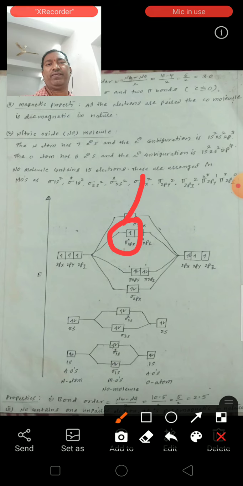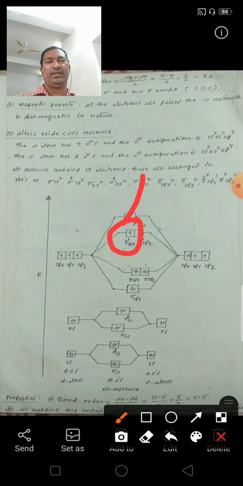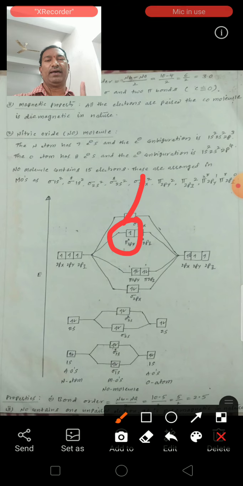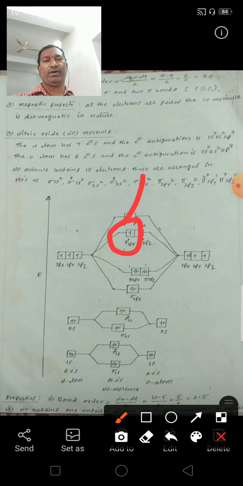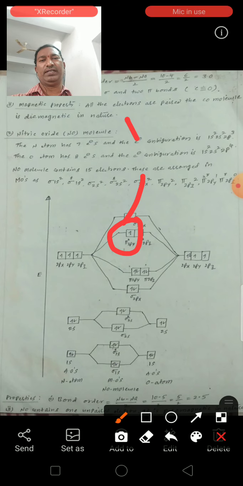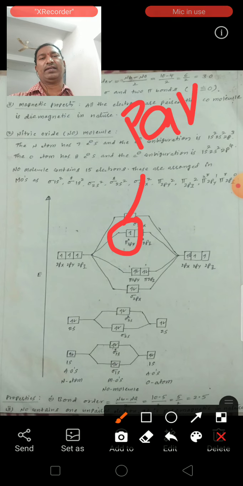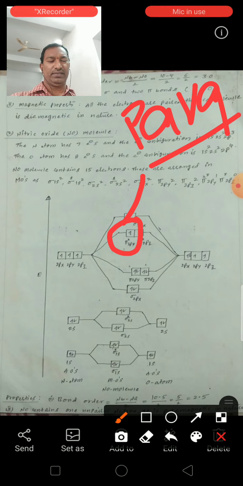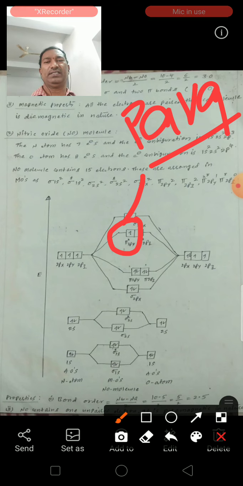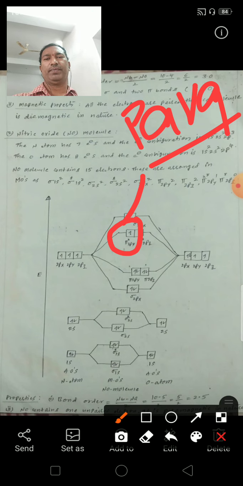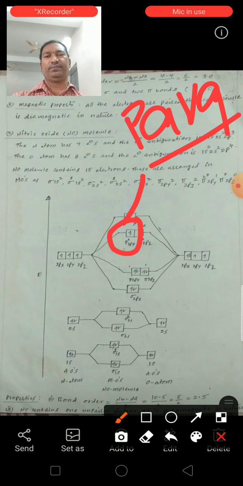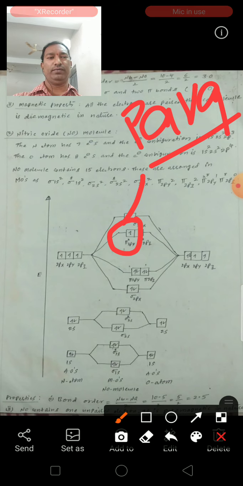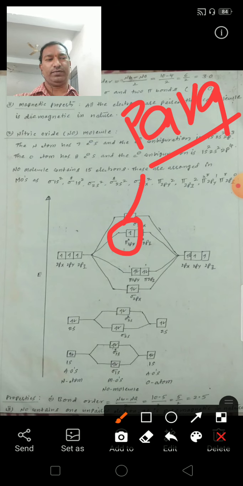The NO molecule contains an unpaired electron in the highest energy molecular orbital. So it is paramagnetic in nature. Okay, this is the molecular orbital energy diagram of the NO molecule.